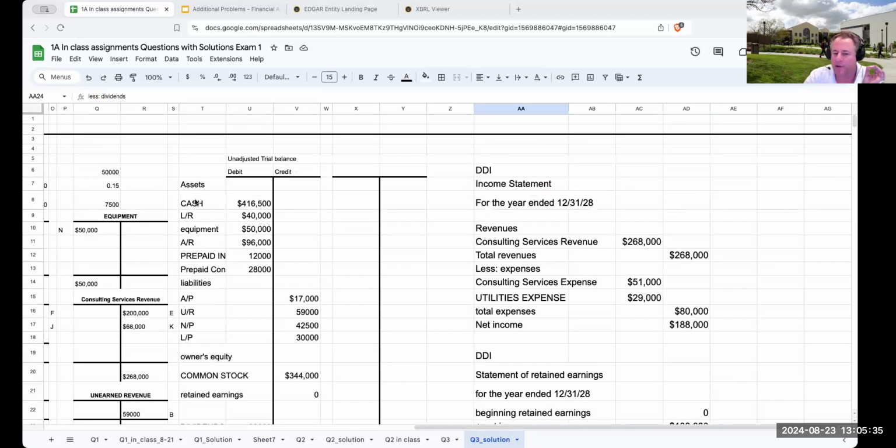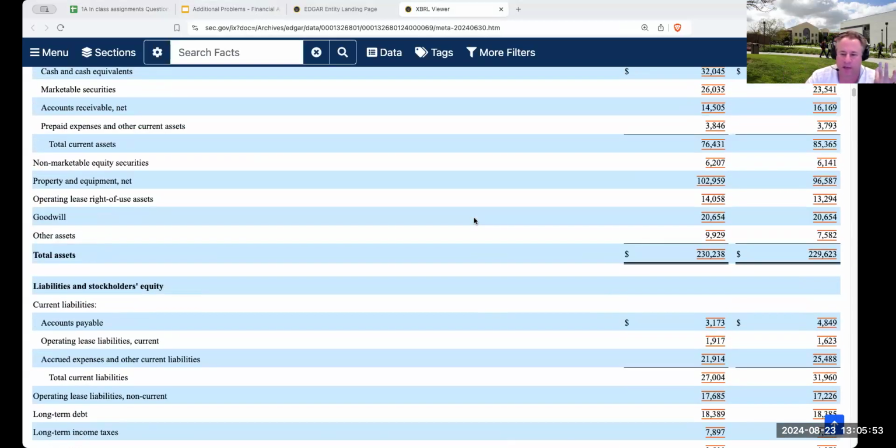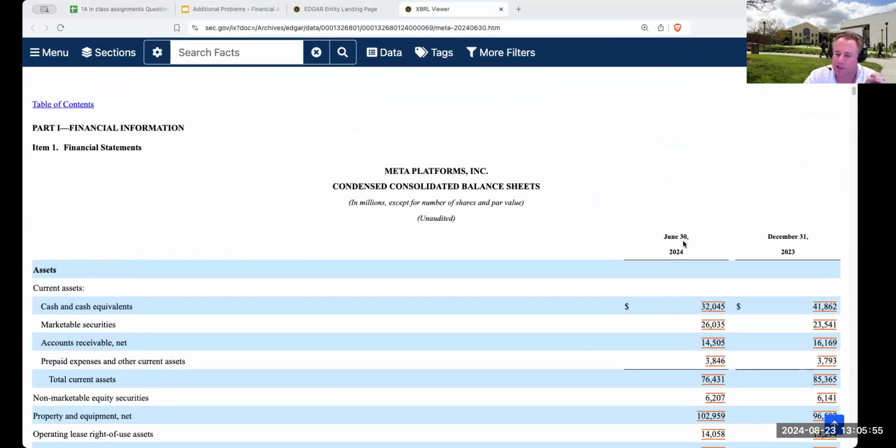The balance sheet is going to be a snapshot in time, or as of, because our cash balance changes every day. But when we're looking at the income statement, this is telling us for a period of time. It's 3 months, it's 12 months, whatever it may be. Whereas the balance sheet is as of a particular date.